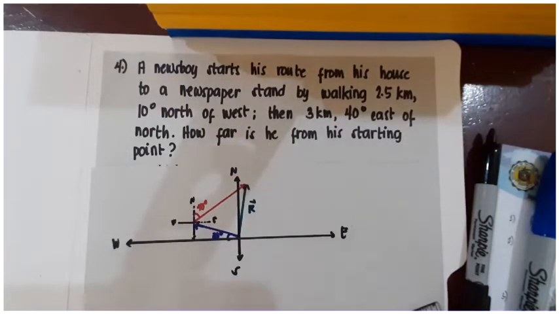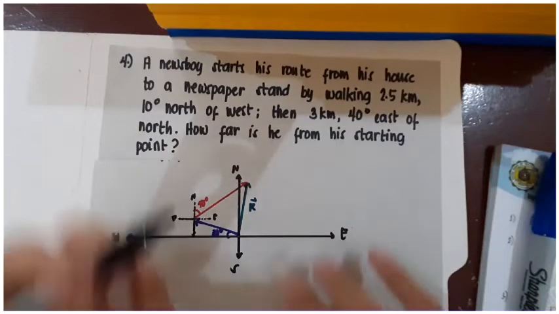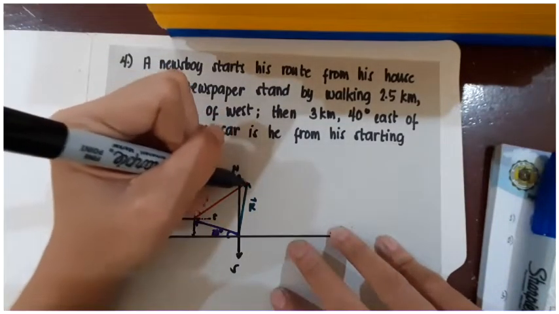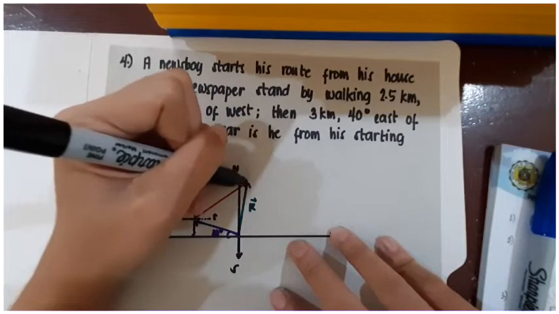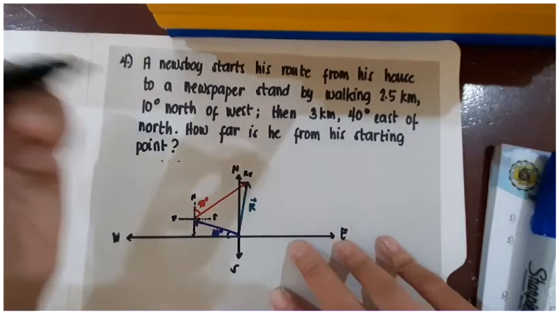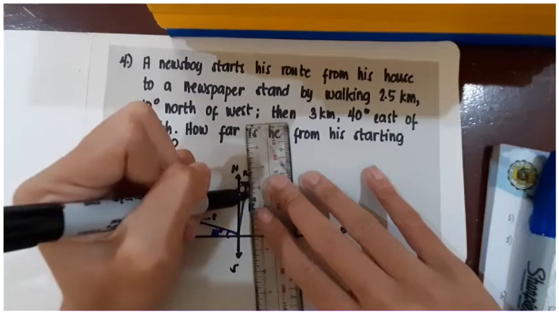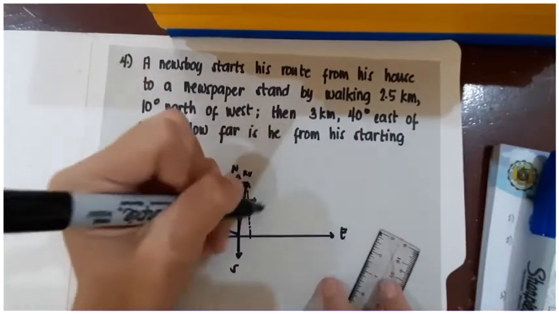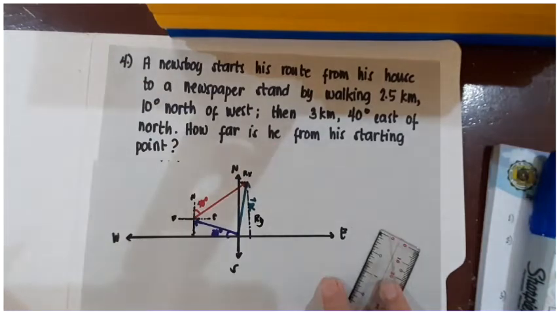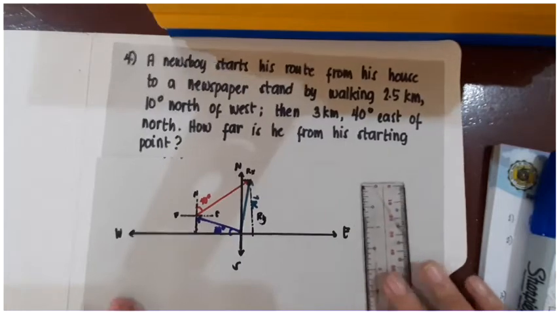Okay. So how to look for R? We do the same process dun sa example natin kanina. Okay, so we are going to look for itong distance ni R from this axis. This is your Rx. Okay, and then itong y component ni R, this is your Ry. Okay, so basically ganito yan siya.